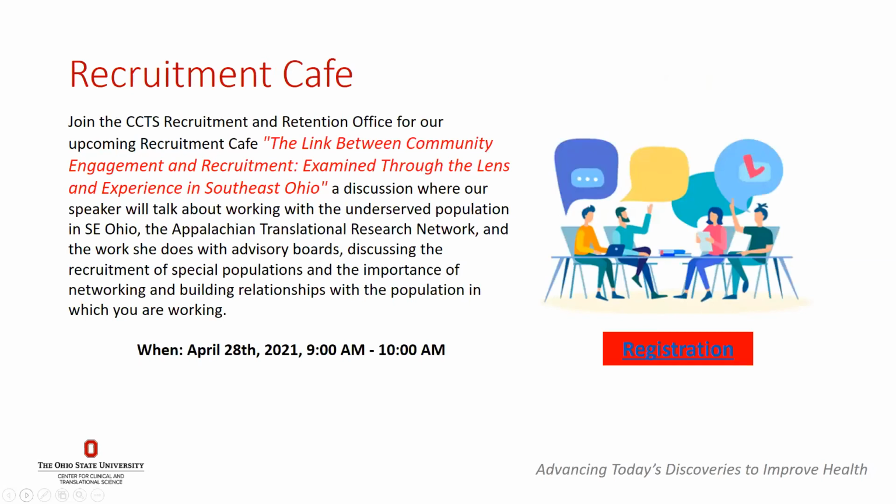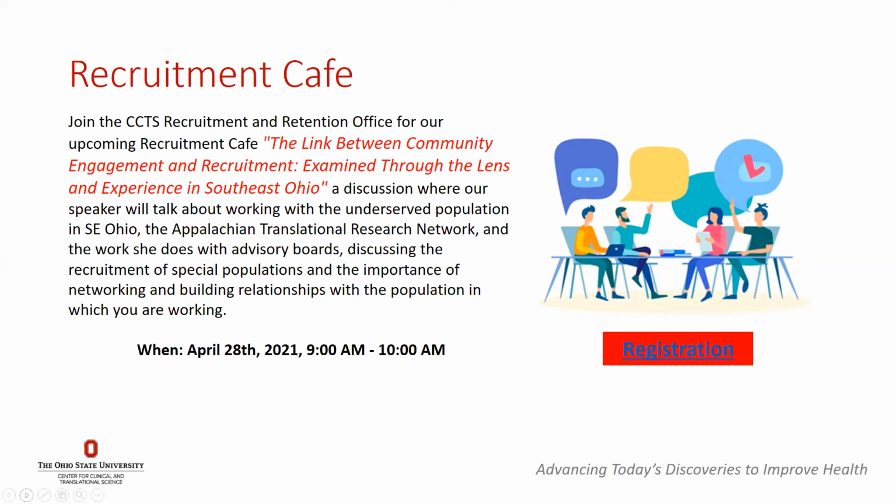So, resources. I've talked about a couple of them. Here is one that is later this month. It is put on by our Recruitment and Retention Office with the CCTS, and they're going to be presenting some information about engagement and recruitment, looking at the experience in Southeast Ohio, the Appalachian area.